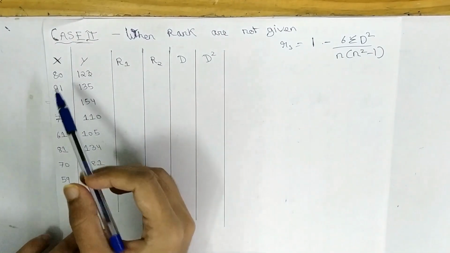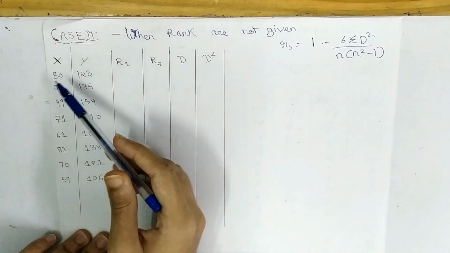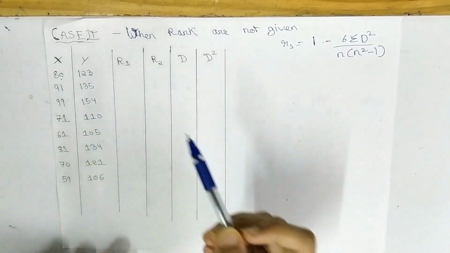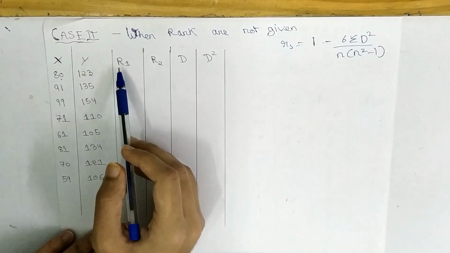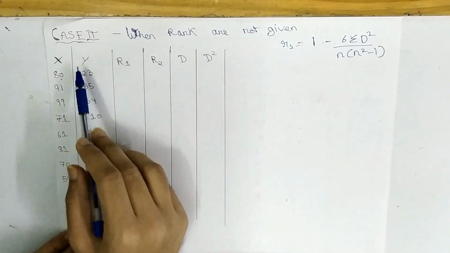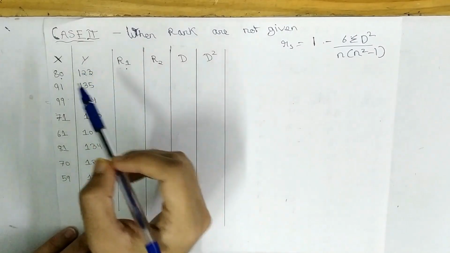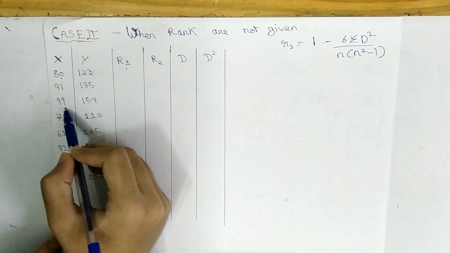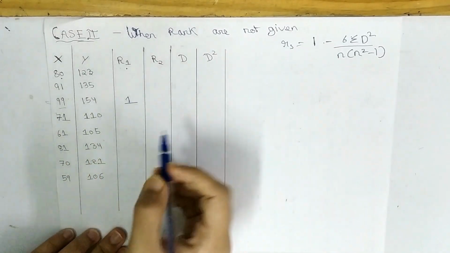In this you can see in the X column there are random numbers, they are not ranks, that is 80, 90, and same in the Y column. So we have to make the columns, so first of all we have to find rank 1 and rank 2. So how will we find? For rank 1 we have to see the X column. Now see which is the greatest number in the X column, that is 99. So this is rank 1.